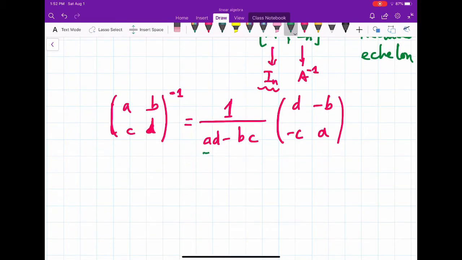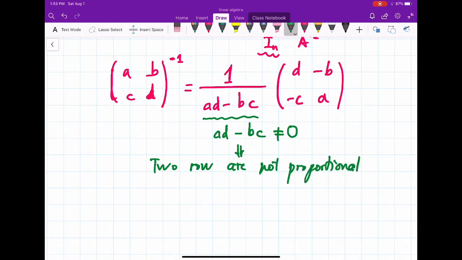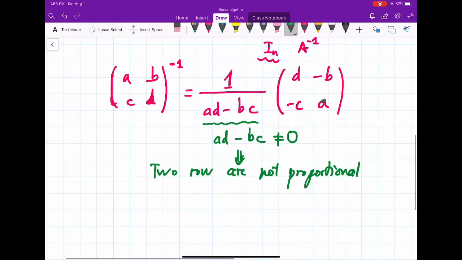Of course, this formula works only if ad minus bc is not 0. And we also talked about how ad minus bc not being 0 means the two rows are not proportional, because otherwise, if two rows are proportional, you use elementary row operations, and in the row echelon form, you have a zero row.